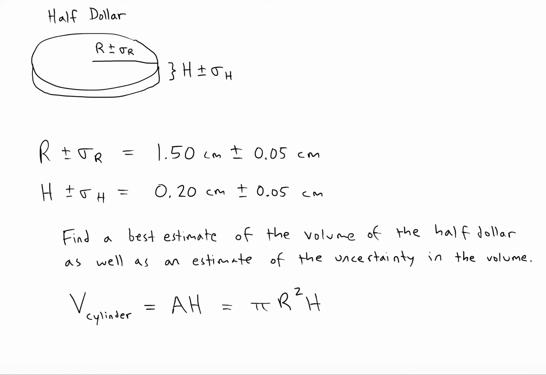So what you want to do is plug in the best estimates first, that's the first number here. These are the best estimates, and get a best estimate of the volume. But then you could find a largest value for the volume and a smallest value for the volume, and then subtract to get the uncertainty in the volume.